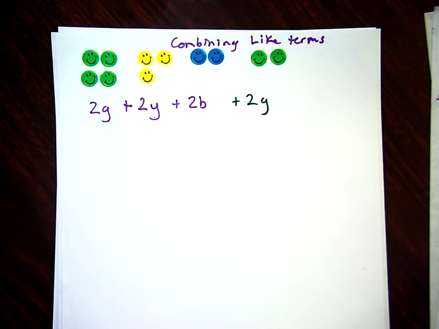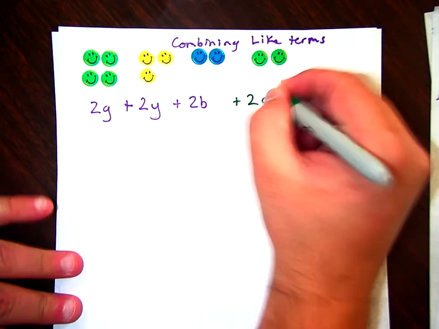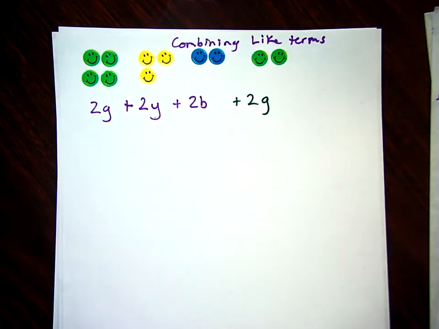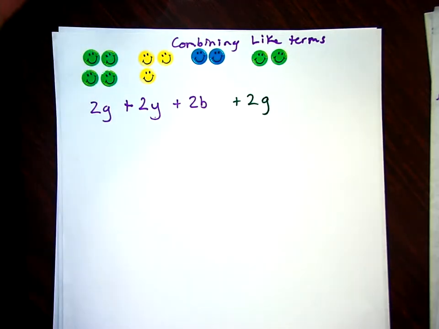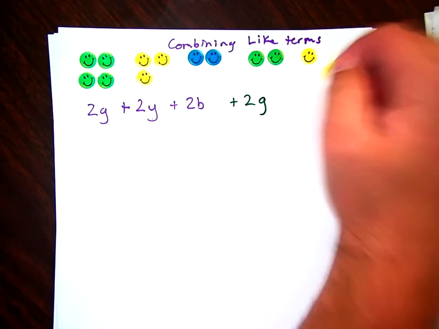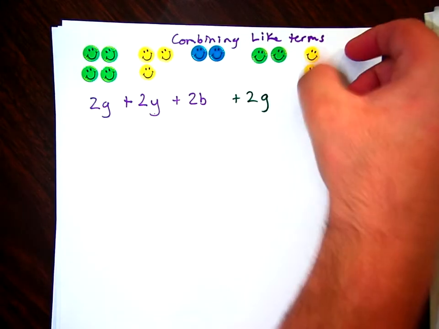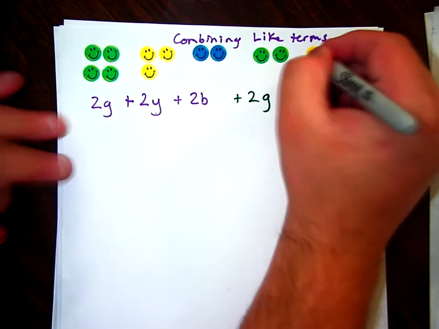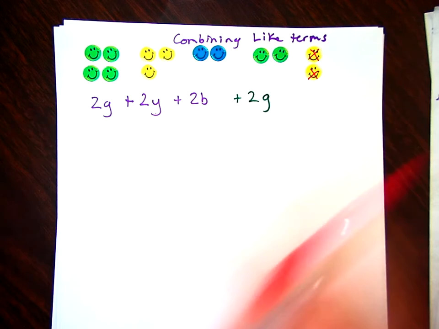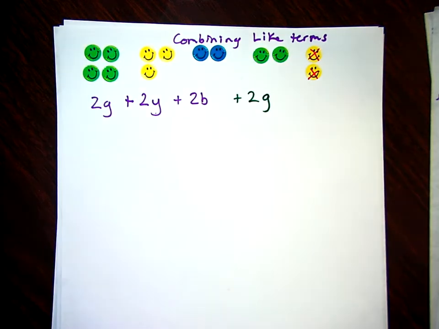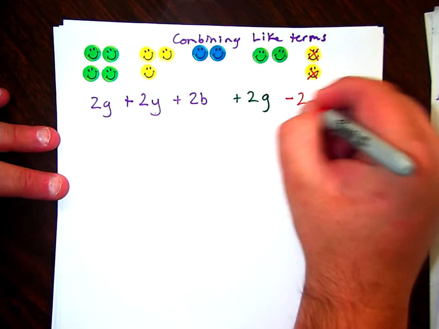But then, two of our yellow guys get a call, and they have to go do something. So we're going to subtract, okay, two of these yellow guys here are going to leave, okay? So we're going to subtract or take away 2 yellow.